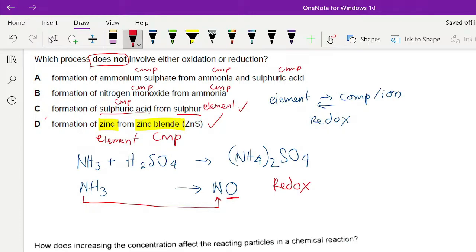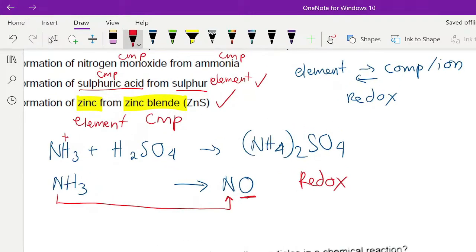The oxidation number of hydrogen is always +1. I don't know if you guys study oxidation number, but 3 hydrogen makes +3. So nitrogen must be -3. Okay. Now if you go to the other side, hydrogen is still +1 and NH4 plus.